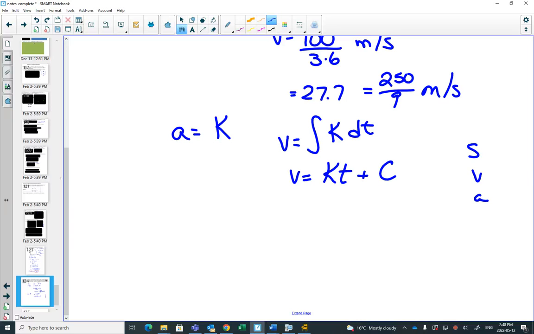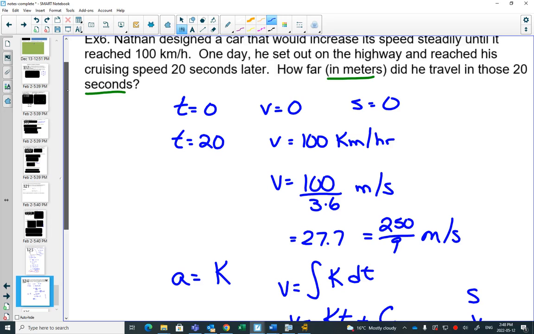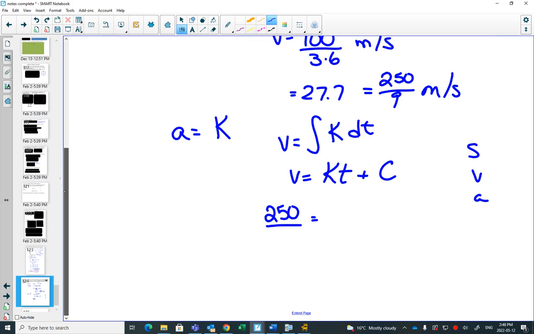So what do we know? We know the velocity at time 0, or at time 20, sorry. First of all, we know the velocity at time 0 is 0. So we can solve that, c has to be 0.